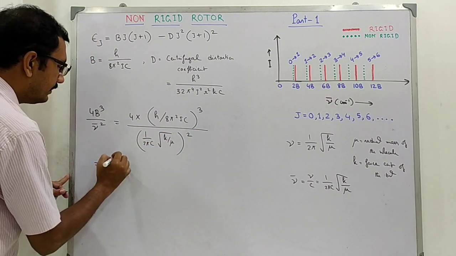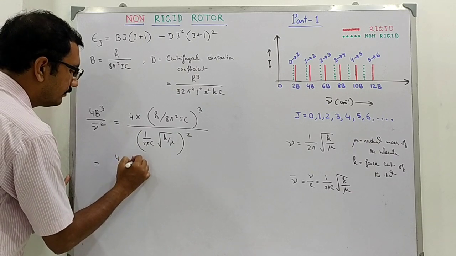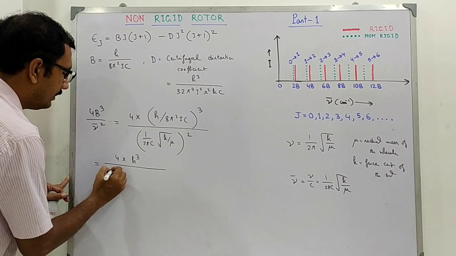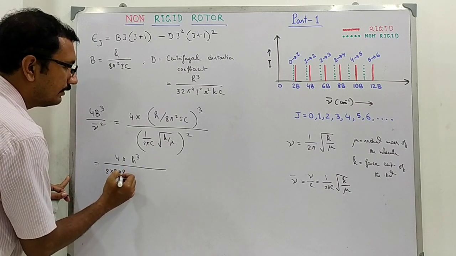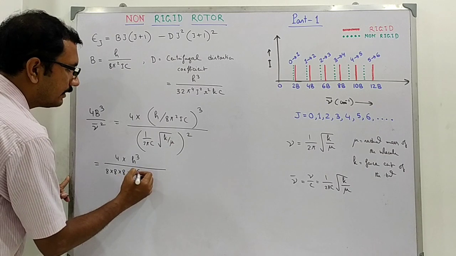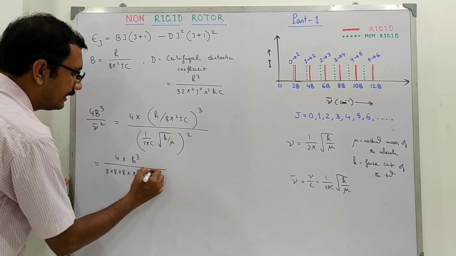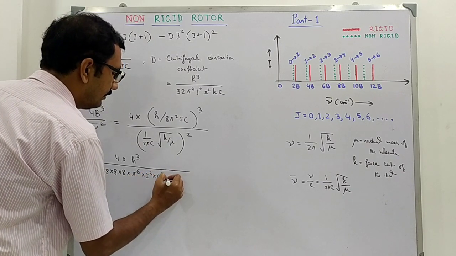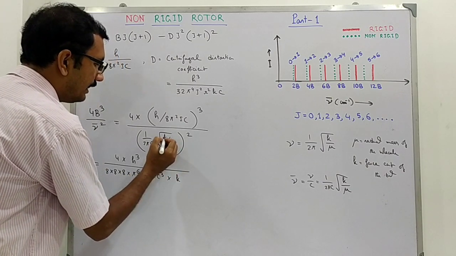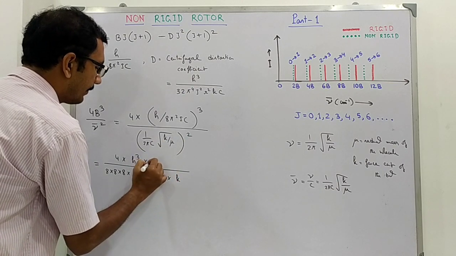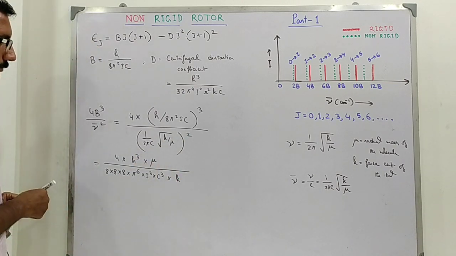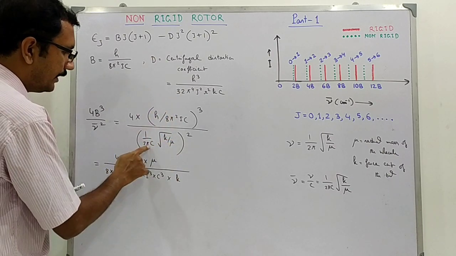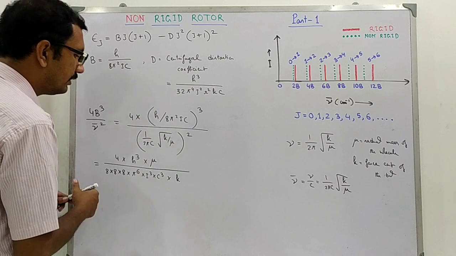Let us simplify it carefully. So, it will be h cube, and it will be here 8 into 8 into 8, and pi to the power 6 into I cube into c cube. Now, it is squared. So, it will be k, it will be mu here, this mu will come to the numerator, and this 2 pi c square will come to the numerator.